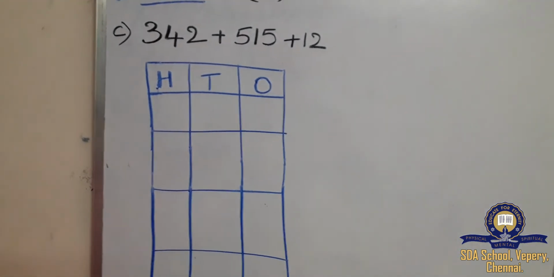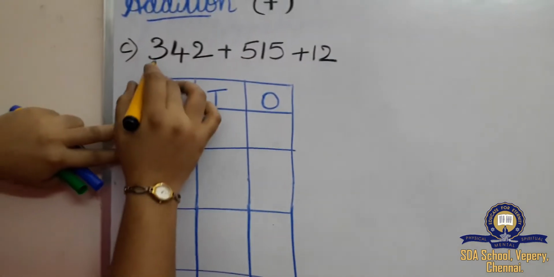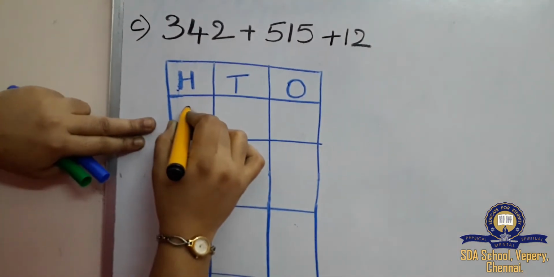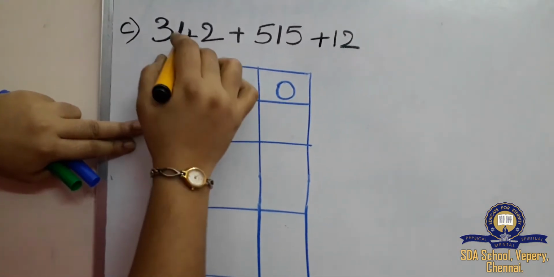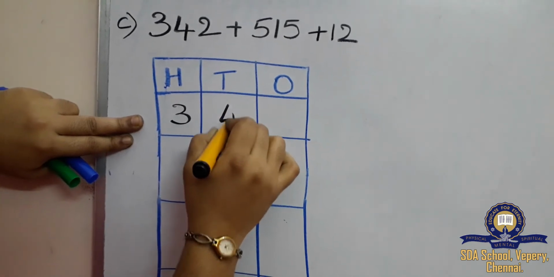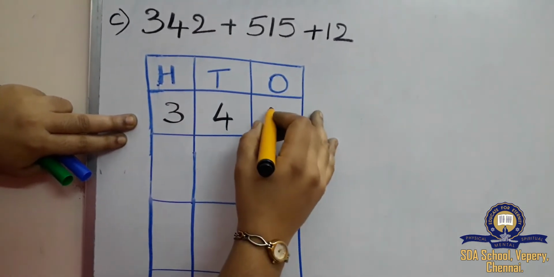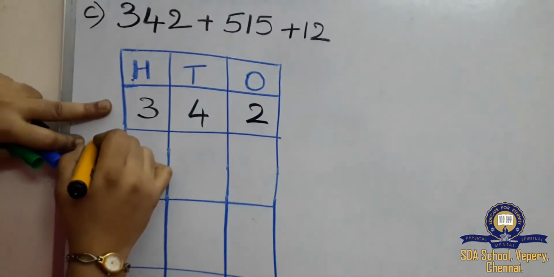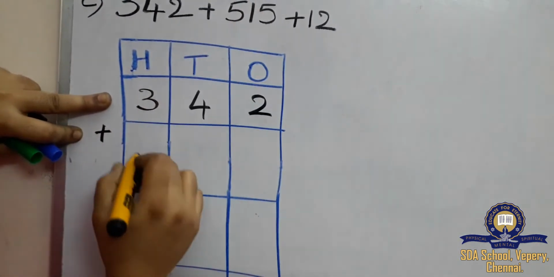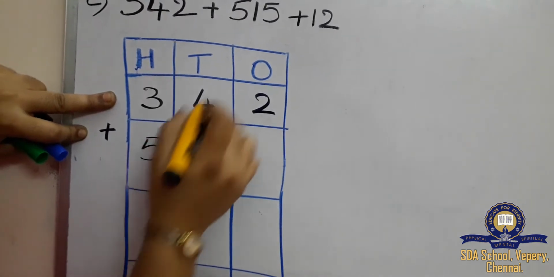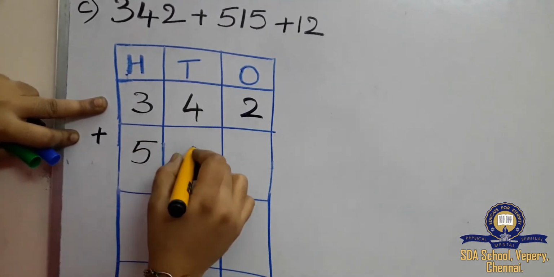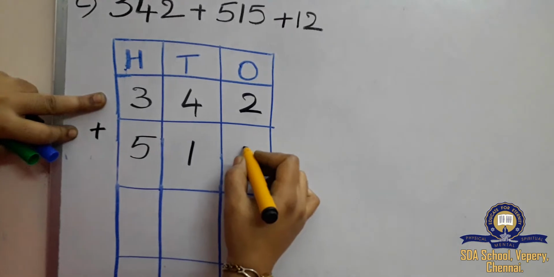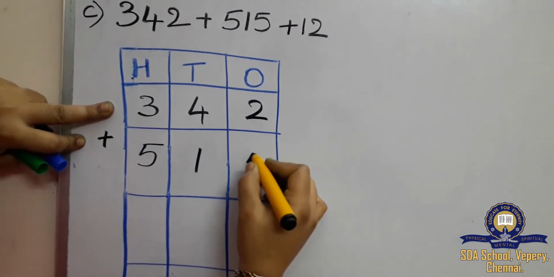First, write the numbers here. In hundreds place, 3. Tens place 4. And ones place 2. The next number, plus here 5, 1 in tens place, and 5 again in ones place, right?